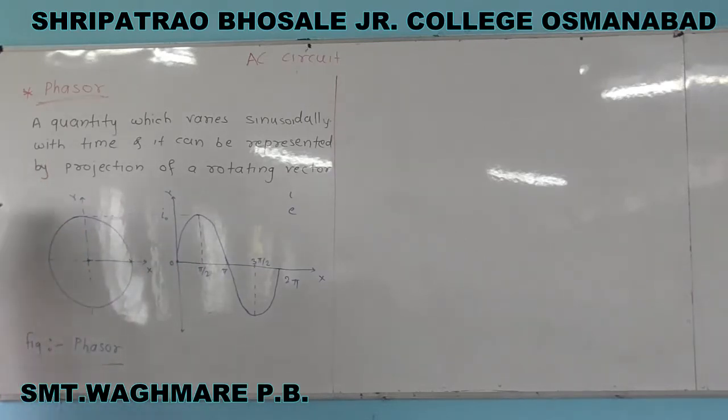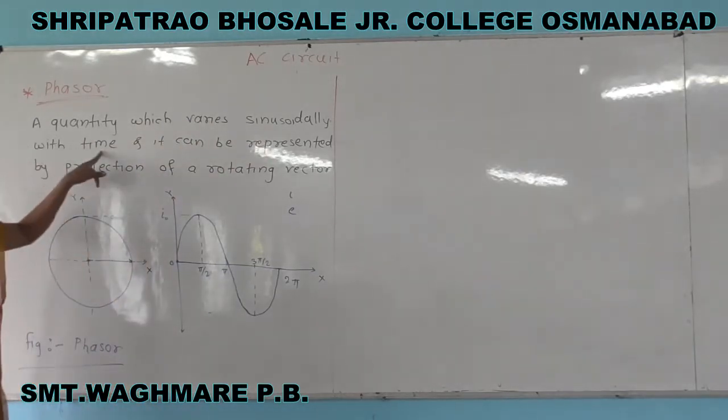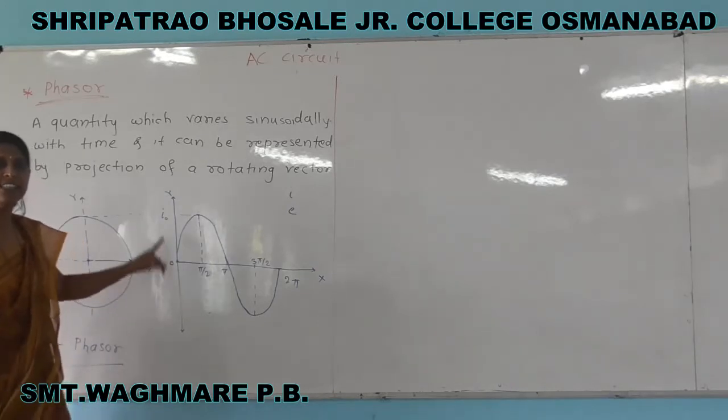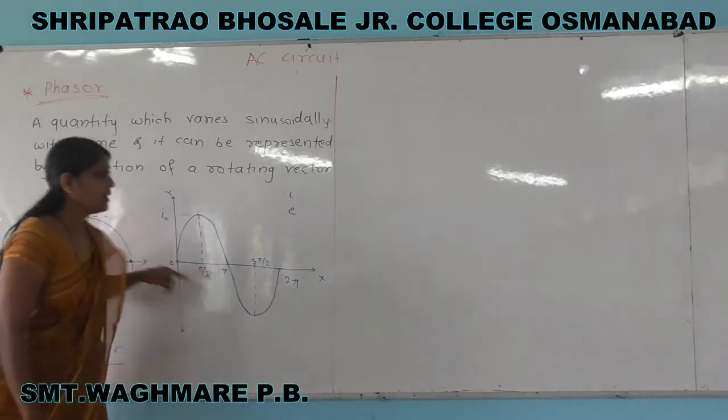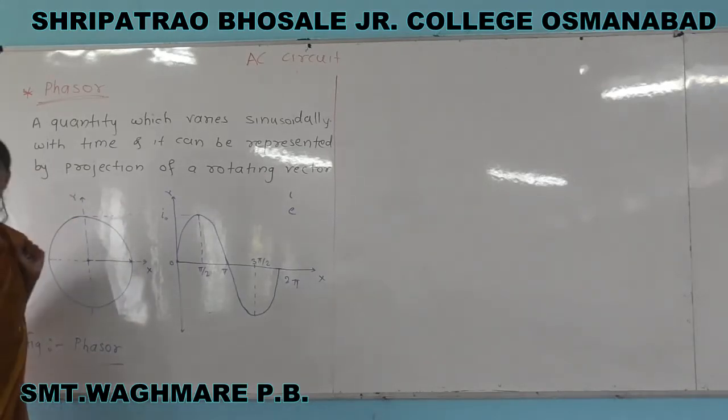To explain the phasor, the quantity must satisfy two points, that is, that quantity must vary sinusoidally with time, and we know that the current in an AC circuit varies sinusoidally. We get a sine waveform, and it can be represented by the projection of a rotating vector.